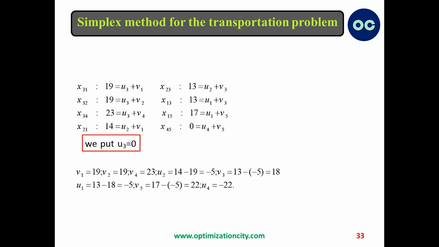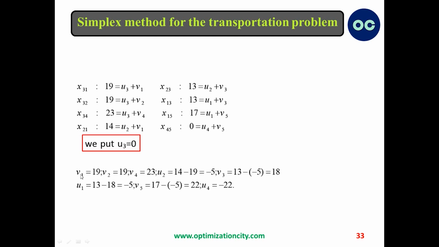and x45. In this case, we have the following equations because these variables are basic. To simplify the explanation, let's assume u3 is equal to 0, as it appears more frequently in the equations. By doing so, we can determine the values of the remaining variables as follows.